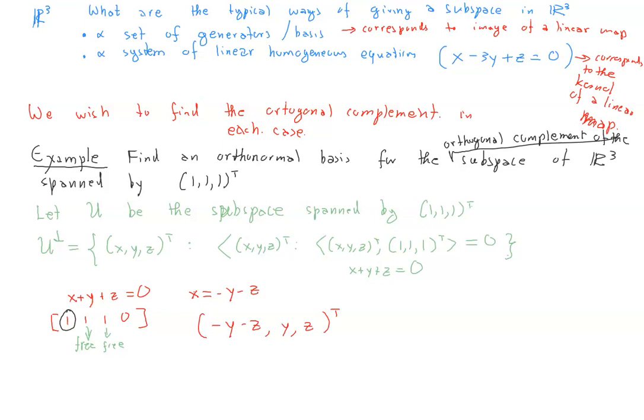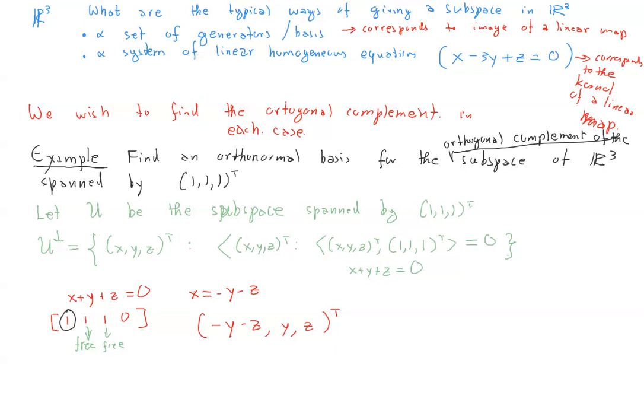Can anybody now tell me what do I do? How do I find the basis for the subspace consisting of these vectors? What do we do here? It's pretty standard.